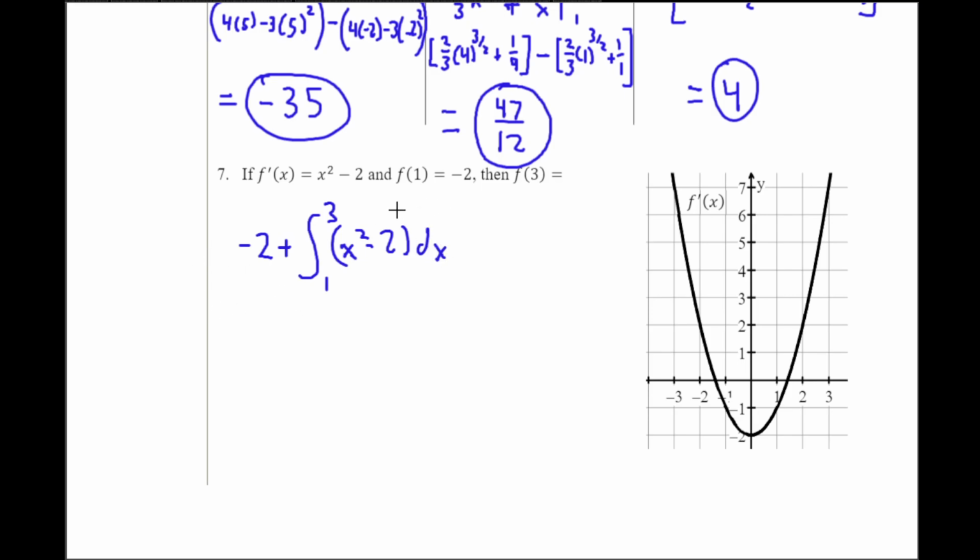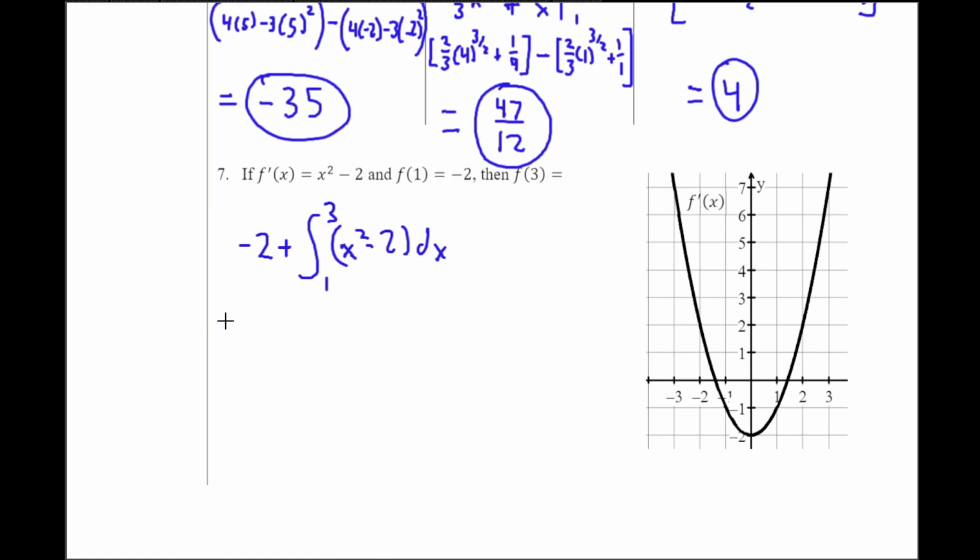So this says negative 2 plus the change in the original function from 1 to 3 will give you f of 3. The integral from 1 to 3 of the derivative f prime of x gives you the change in the original function, so this gives you what f of 3 is equal to.